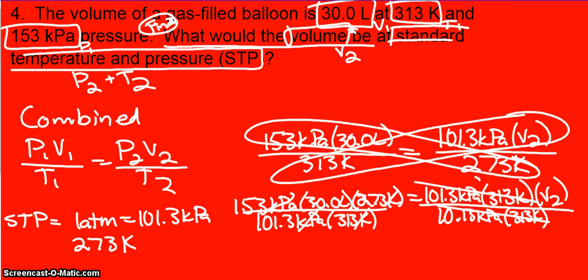Then at this point, all we have to do is solve for our unknown. Applying significant figures to our answer from the calculator, we should get 39.5 liters.